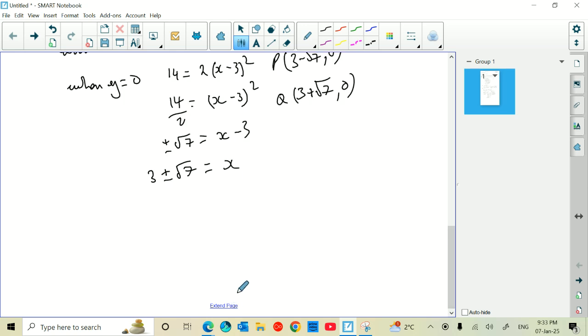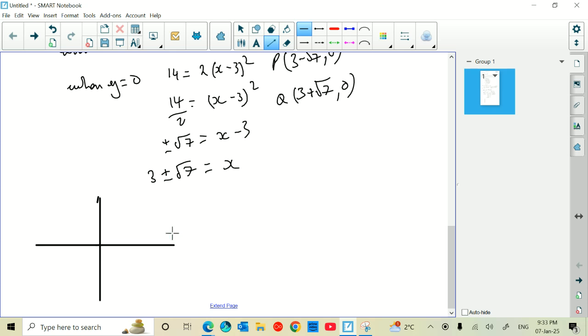Now I need to show that, so let's draw a grid here, and so we have our grid. The point P lies on the x-axis, so let's put the point P here, and this is going to be 3 minus the root of 7, because it's the smaller one, 3 minus the root of 7, and 0.